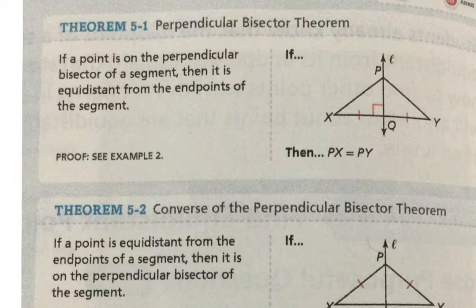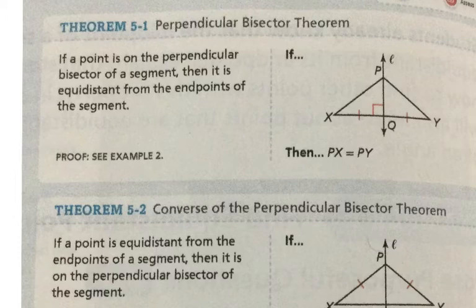That's what bisect means. Cuts into two equal pieces. You can bisect line segments, or you could bisect angles. If I had an angle here, and then I had an angle bisector, it cuts the angle into two smaller equivalent pieces. So if we have a perpendicular 90-degree bisector, two equal pieces, theorem.